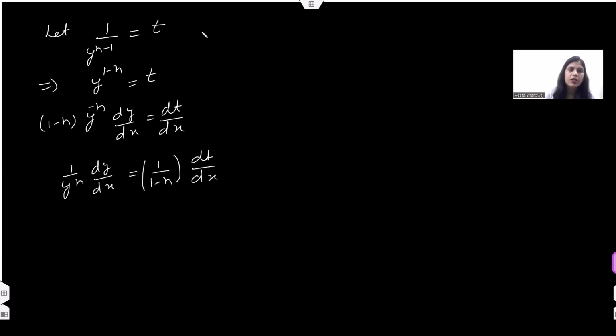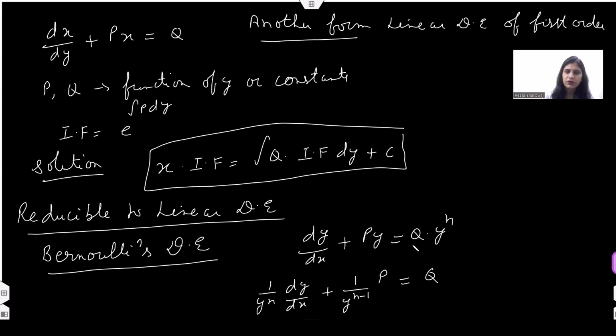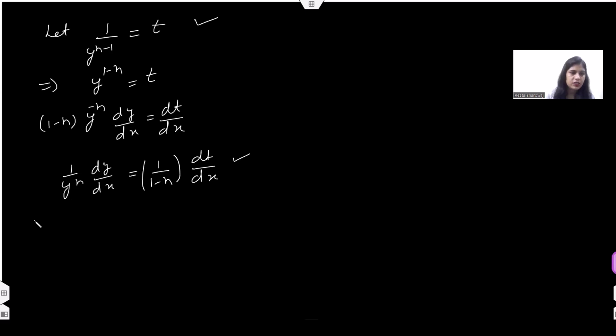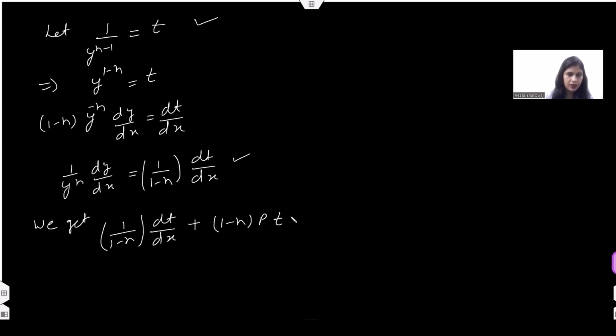Now we can put these two substitutions back in the Bernoulli's differential equation. What we get is 1 upon 1 minus n dt by dx plus 1 minus n p, and here it is t, is equal to 1 minus n into q.